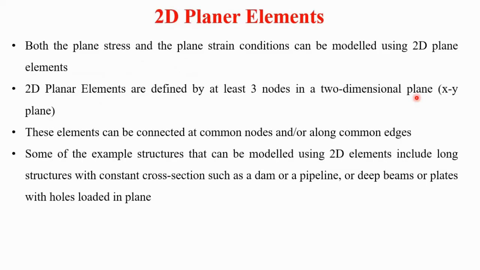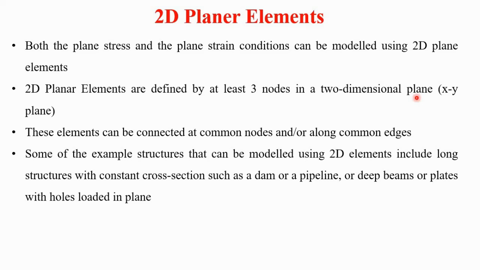Before discussing plane stress and plane strain, first of all we will discuss these 2D planar elements. In the previous lecture we already discussed the different types of elements: 1D elements, 2D, 3D, solid elements, likewise. Both the plane stress and plane strain conditions can be modeled by using these 2D plane elements only.